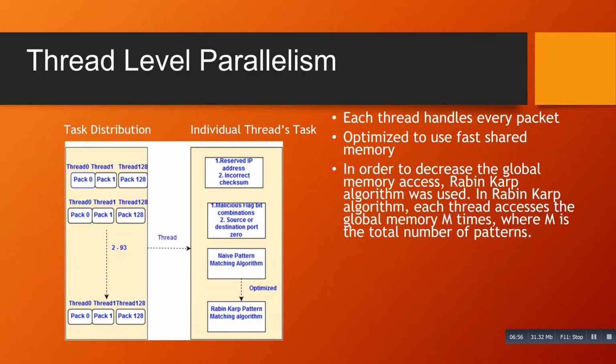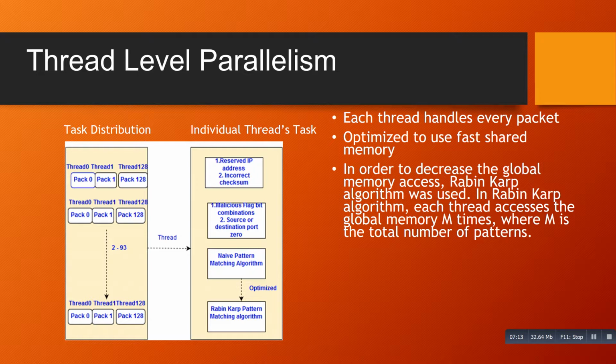Okay, what is thread level parallelism? Each thread handles every packet. So it's optimized to use fast shared memory. In order to decrease the global memory access, the Rabin-Karp algorithm is used.